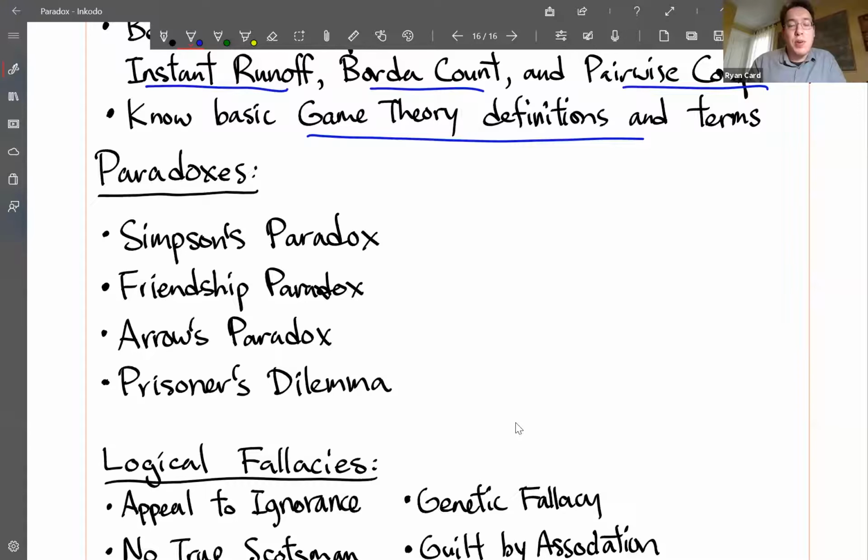As far as the actual paradoxes discussed in this unit, you should be able to recognize the different paradoxes, identify them by name, and also explain how to resolve them or explain that situation. Simpson's paradox is about one side looking favored when you break the situation up into different categories, although it's possible that overall the other is doing better.